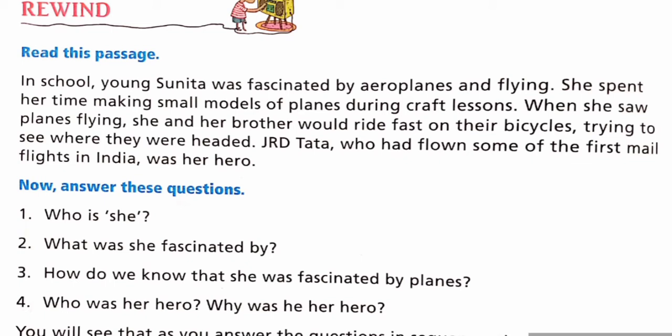She spent her time making small models of planes. During craft lessons, when she saw planes flying, she and her brother would ride fast on their bicycles, trying to see where they were headed. J.R.D. Tata, who had flown some of the first mail flights in India, was her hero.